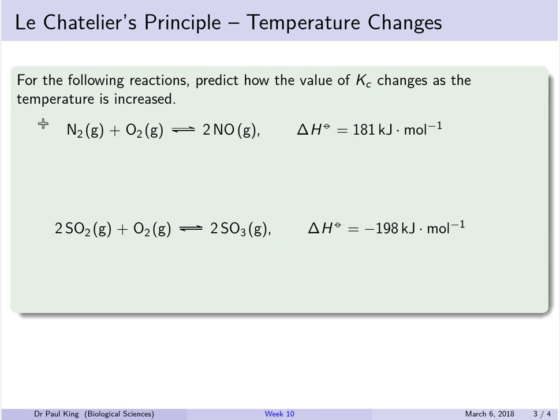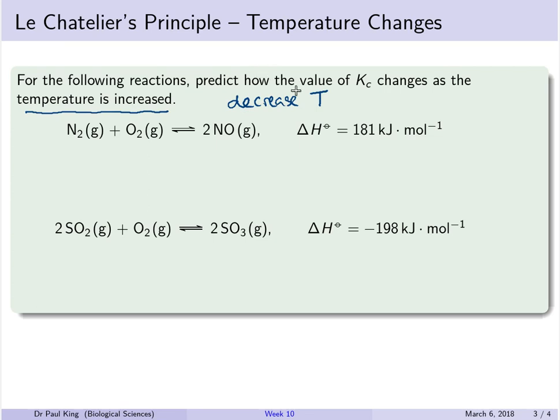And as you can see here, the constraint that's applied is one of a temperature increase. So if we are imposing a temperature increase, the system will try to oppose our increase in temperature by imposing or trying to impose a decrease in the temperature.